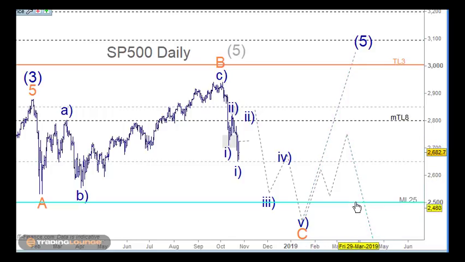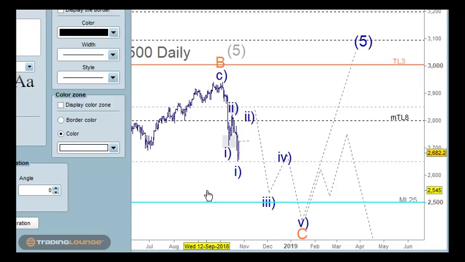So we don't have to worry about that at this particular point in time as that count, but we don't want to throw it out. We have to acknowledge that it's there. It's also possible that all of this here could be a triangle pattern as well. In that case, it would make this here wave A.